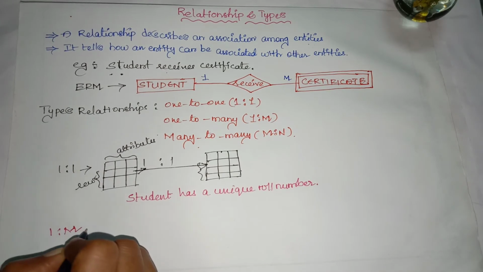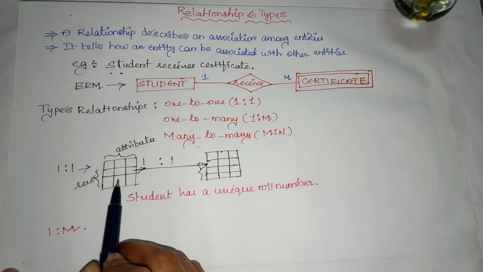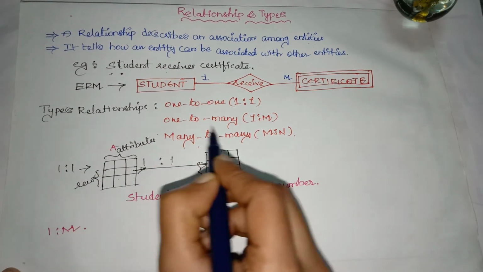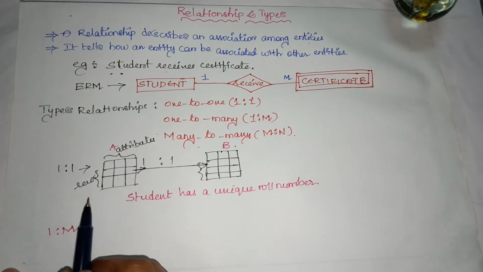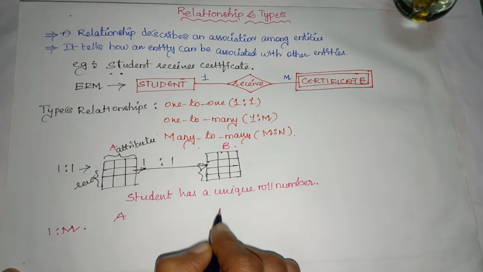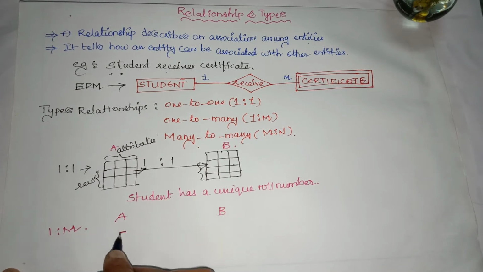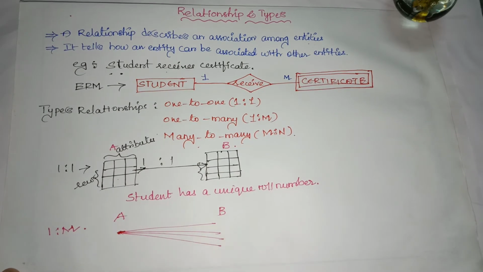Next, one-to-many. You can guess that a record in table A, suppose this is table A and this is table B, can have many matching records in table B. One record is matching with many records.